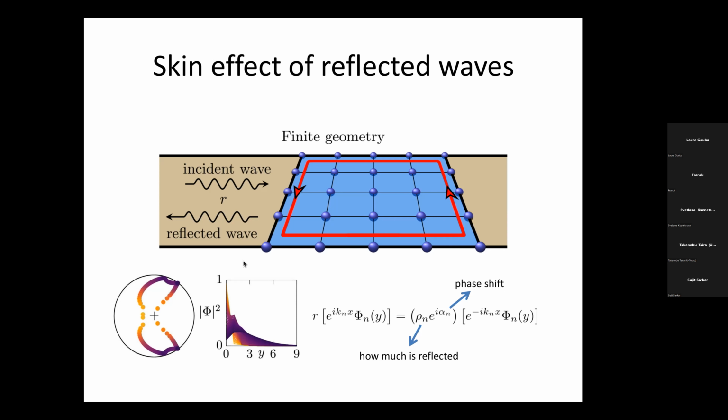There's one mode which gets transmitted, 70% of it gets transmitted. There are other modes which only get transmitted like 2%, and the sum of all of them turns out to be exactly 1, which is why you expect to see e squared over h conductance in a Chern number 1 insulator.